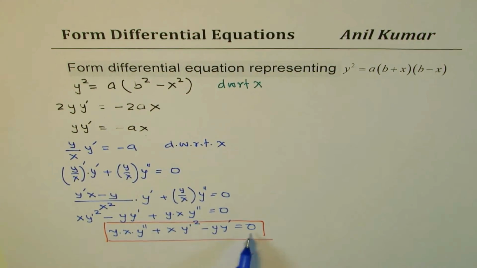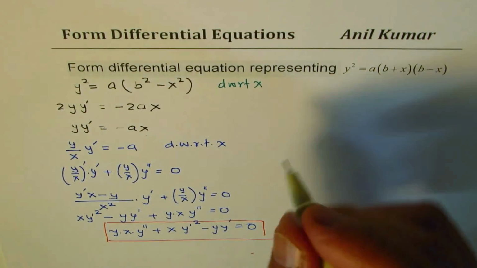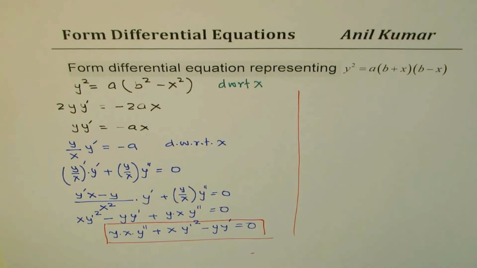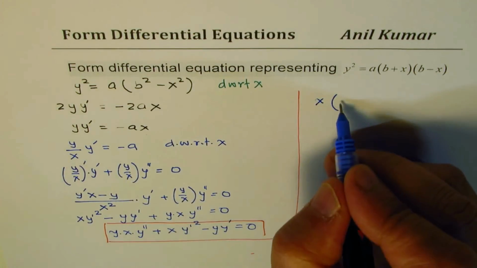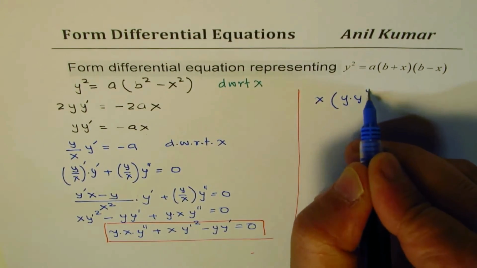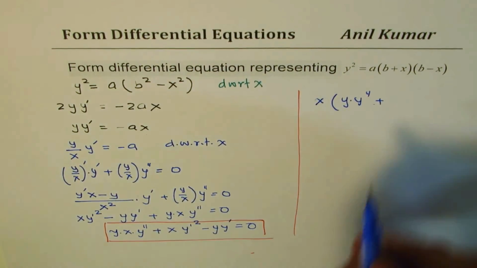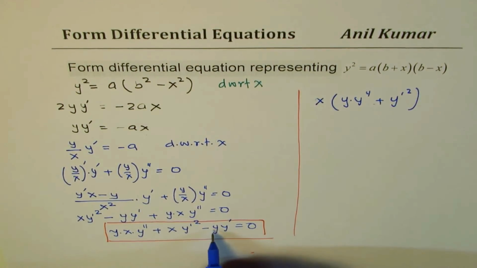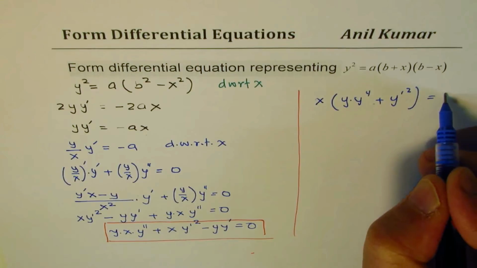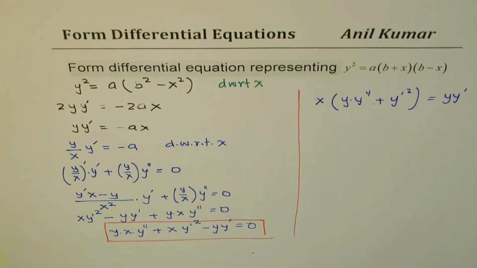You may like to rearrange this equation, taking x common, writing this on the right side. So let me do that and write down the final differential equation. So what we can do here is that we can take x common. So we get y second derivative plus y prime squared, and we can take this to the right side, which is y prime, correct?